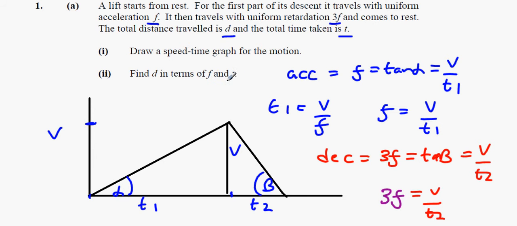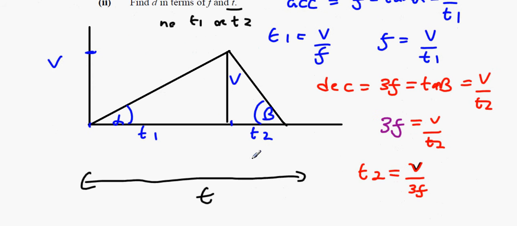It doesn't want t1 and t2. So let's get rid of t2 and put it in terms of t and t1. So t2, just from here to here, is the same thing as t minus t1. T minus t1 equals t2.